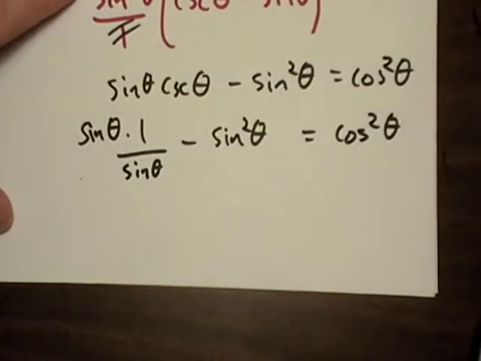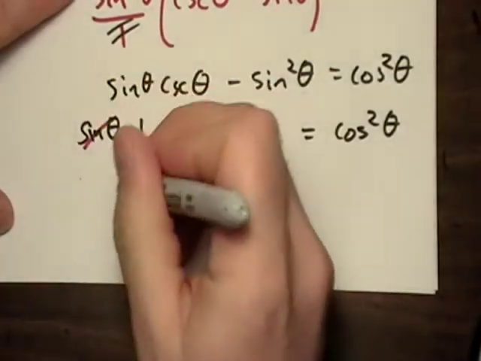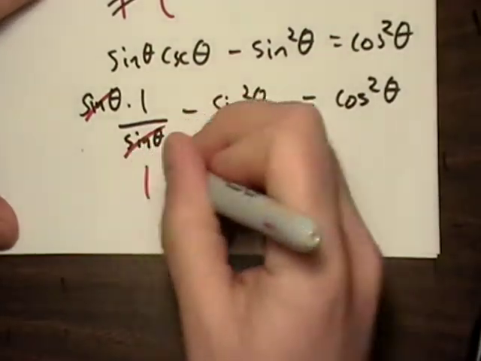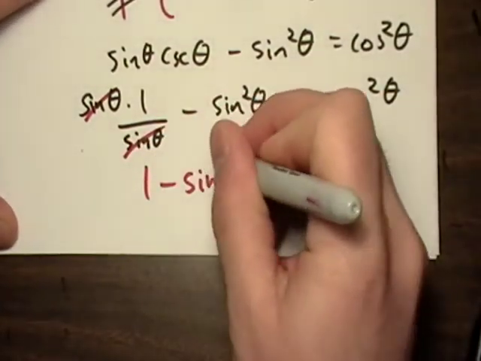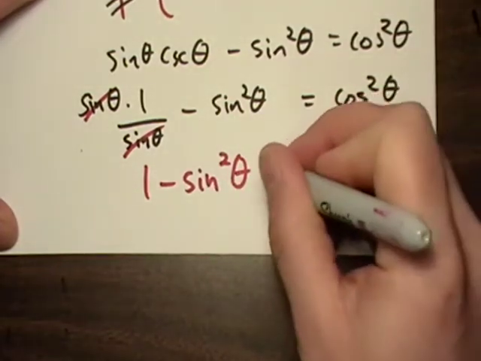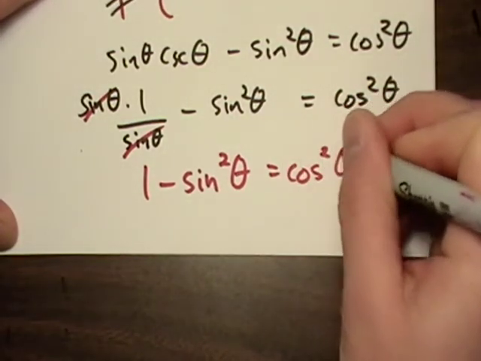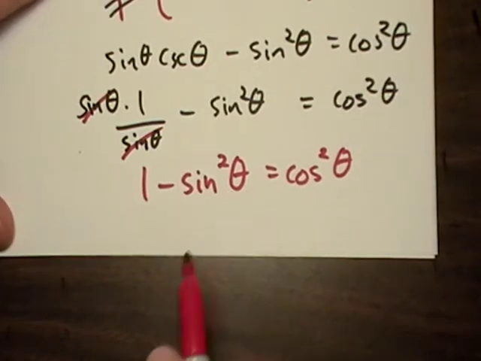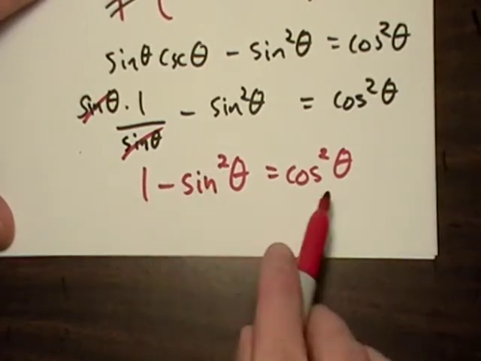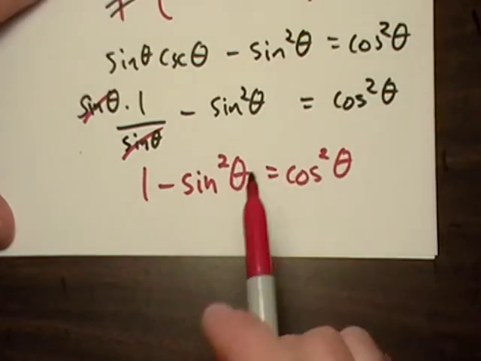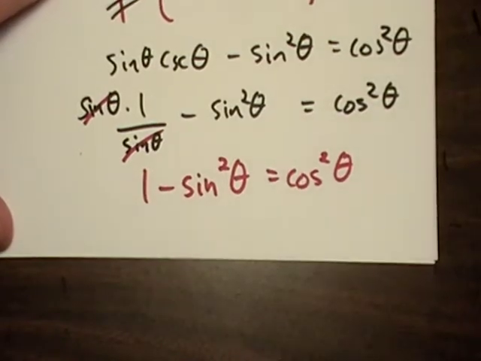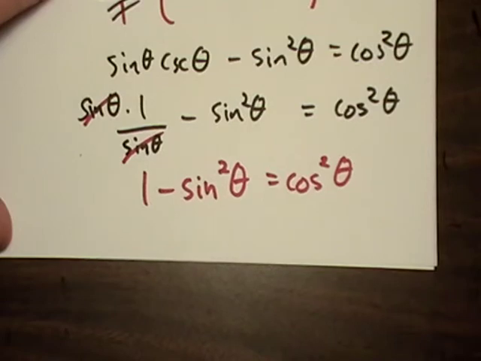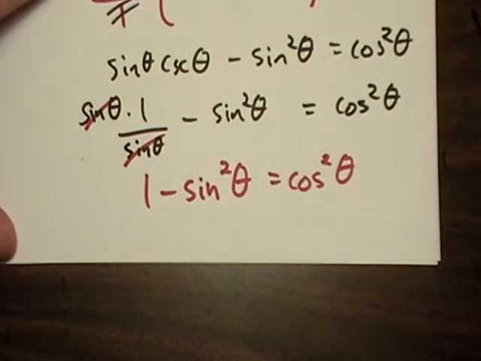Now, just remember, these cancel out, and now I end up with 1 minus sine squared theta. Look, there's that Pythagorean identity yet again. And when we have basically simplified everything down, it just goes to show you how important that Pythagorean identity is. I mean, it pops up everywhere.